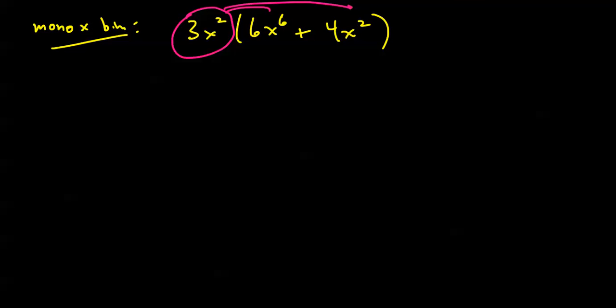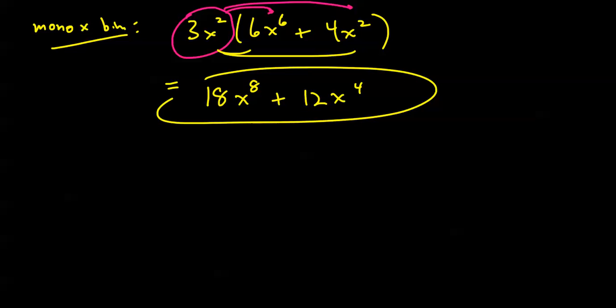In other words, multiply 3x squared, the monomial, times both terms of that binomial independently. 3x squared times 6x to the 6th power is going to be 18x to the 8th power. And then 3x squared times positive 4x squared is going to be plus 12x to the 4th power. So the final return is 18x to the 8th plus 12x to the 4th. So that's a simple example of monomial times binomial.